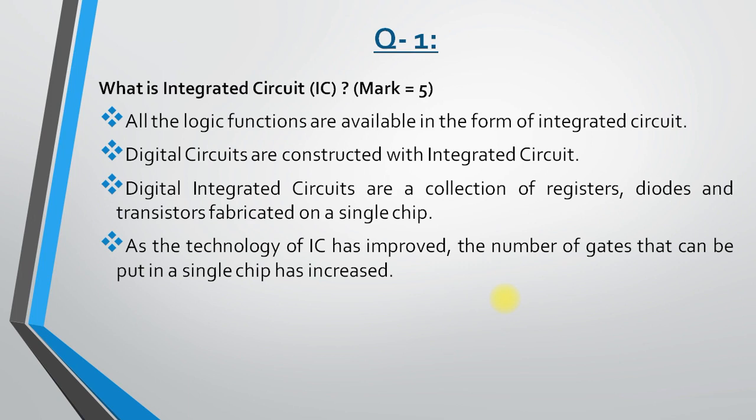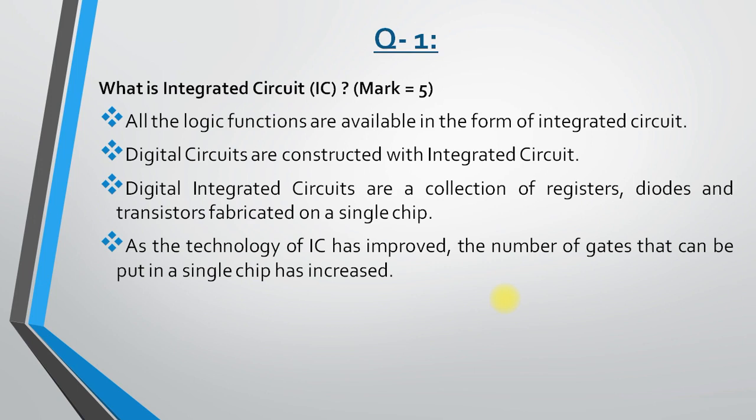Let me refer to these 4 points once again. Integrated circuit is nothing but all the logical functions in the form of an integrated circuit. A digital circuit can be constructed using integrated circuits and that circuit is known as a digital integrated circuit. It is a collection of resistors, diodes and transistors. Fabrication means what? It is integrated on a single chip.